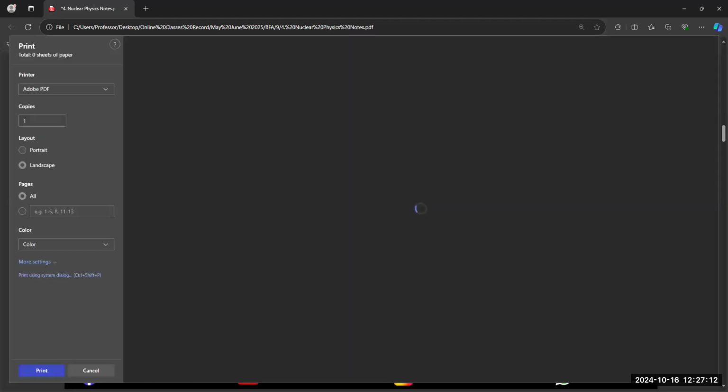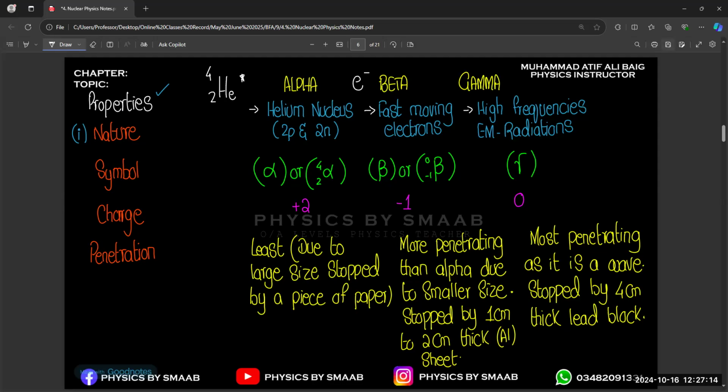In the same way, if we consider beta, beta are fast moving electrons. Electrons are negatively charged particles. So it means it only emits one electron at a single time. Okay, if there is beta radioactivity.